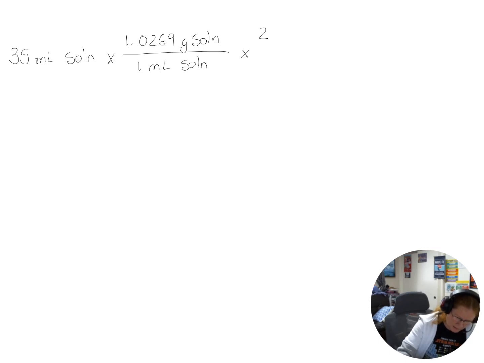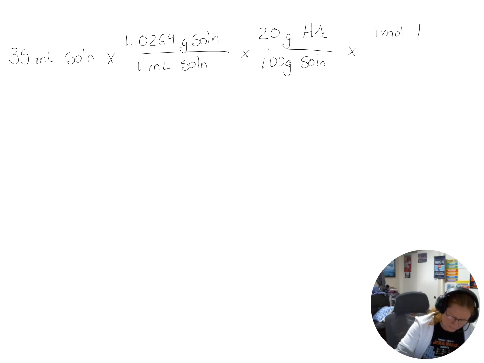I have 20 grams of acetic acid for every 100 grams of solution. And then I have 1 mole of acetic acid in 60.05 grams.